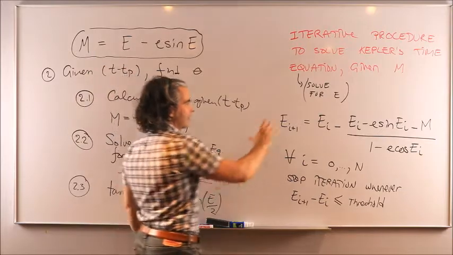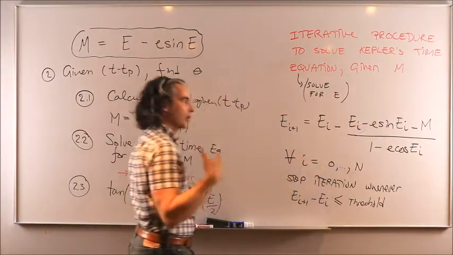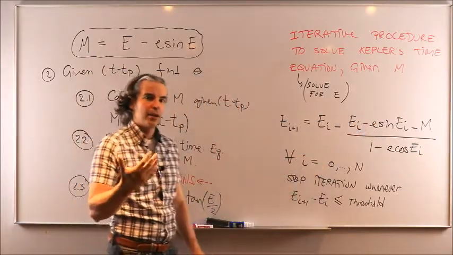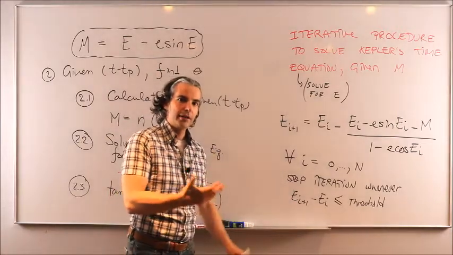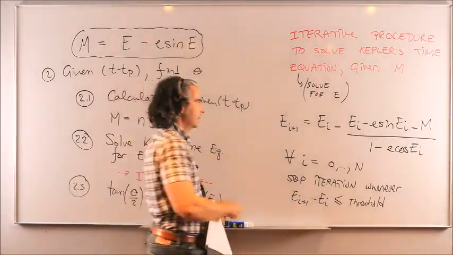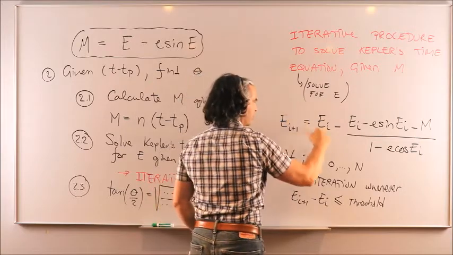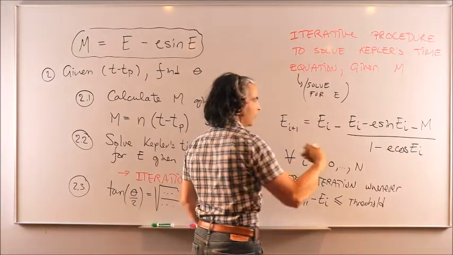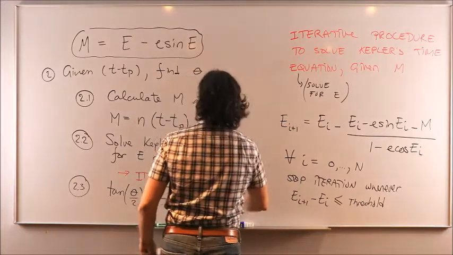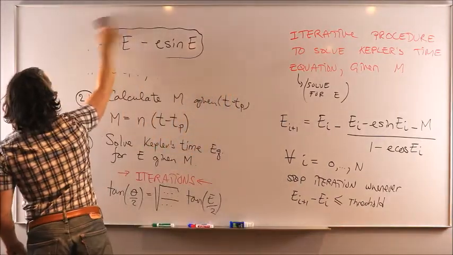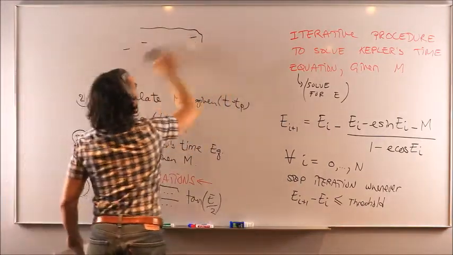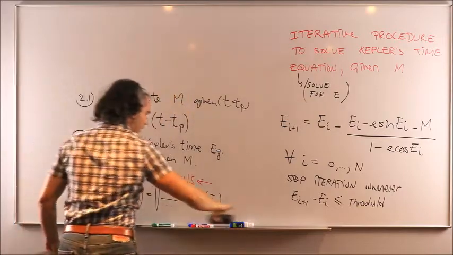Now, that's kind of easy to understand, but the question is, how am I going to start the first iteration if I need the previous value, right? Because to calculate the next value, you need the previous one. Well, where do you start? The starting point is E naught, so the first value for the eccentric anomaly.